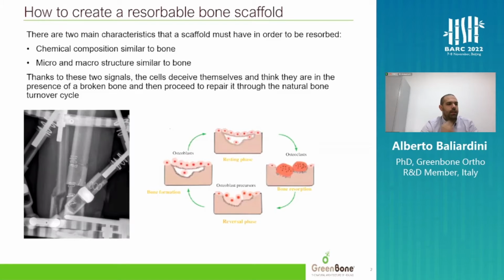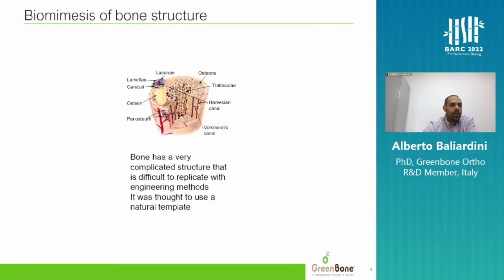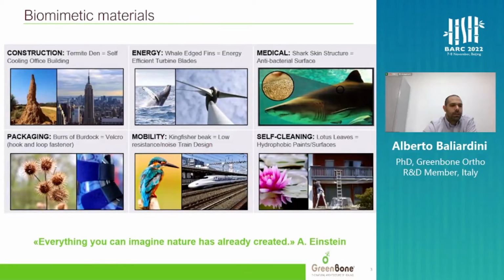The scaffold will then be resorbed, and new functional bone will be deposited. This approach is called biomimetic, and the research and production of biomimetic materials is a very popular research field in different sectors. It involves taking inspiration from what nature has already built for a specific purpose and reproducing it.